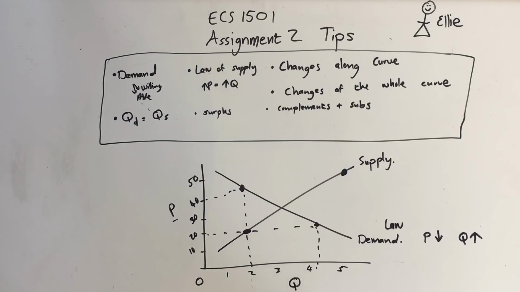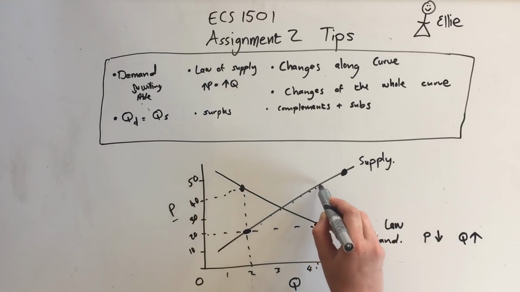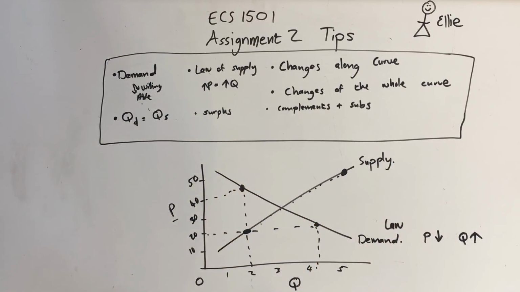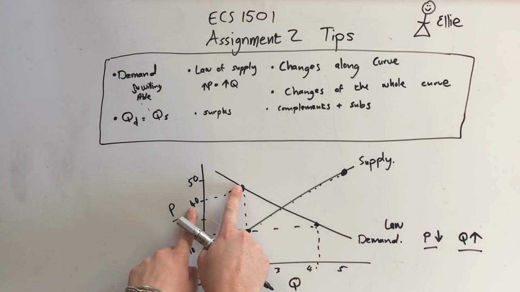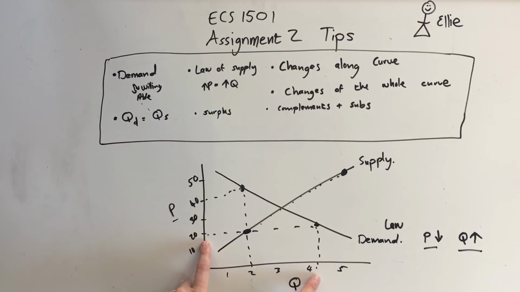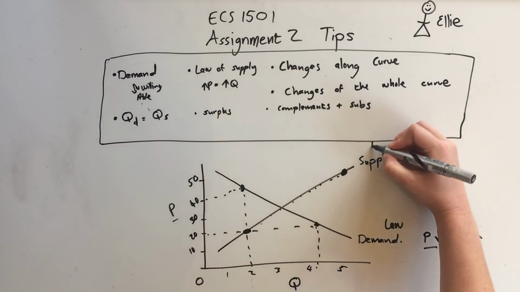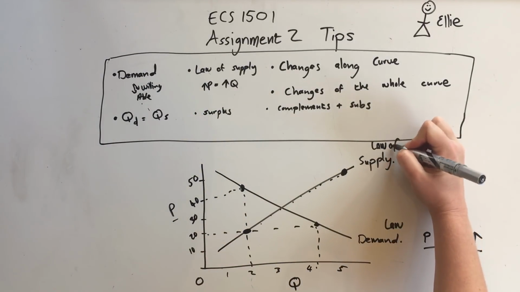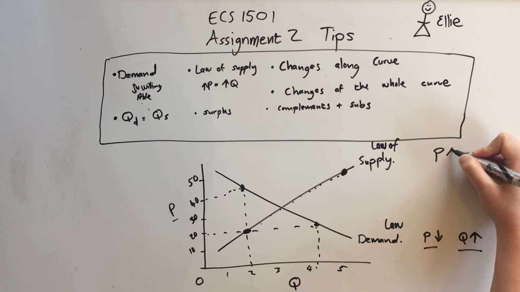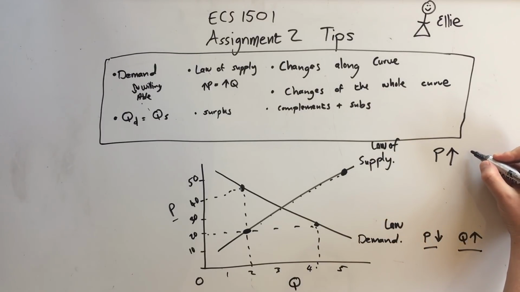What's very important for assignment 2 is to note the changes along the curve due to a change in price, which is what I've just explained to you. So on the demand side, if the price goes down, the quantity goes up. On the supply side, and this is also the law of supply, as the price goes up, more people are willing to offer.